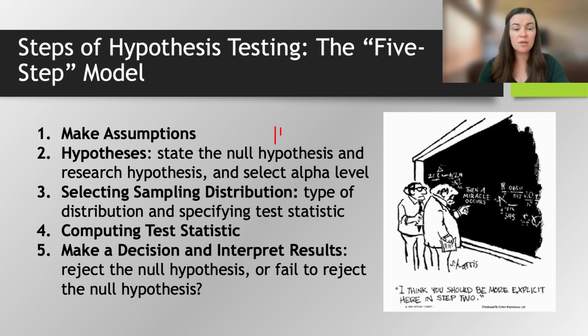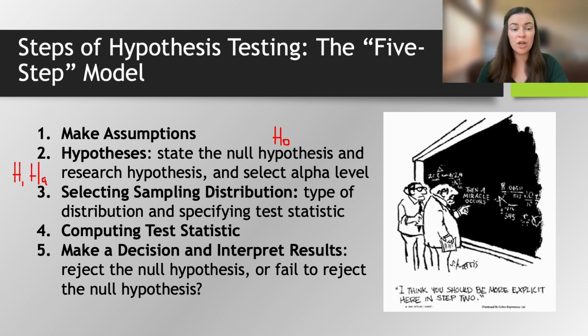We're going to do that through our designation here of H with a subscript of 0 for the null hypothesis. For the research or alternative hypothesis, you can either use H with a 1 or H with a subscript of A. Either one of those are acceptable. You'll see me use either of those throughout the duration of this lecture, and you might see them both used in your book as well. So know that those are both referring to the research hypothesis and that you can use either one.